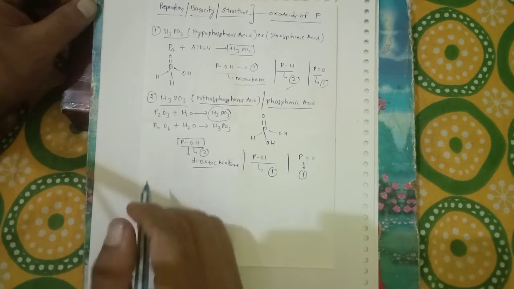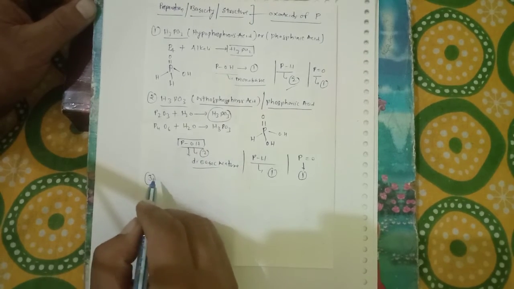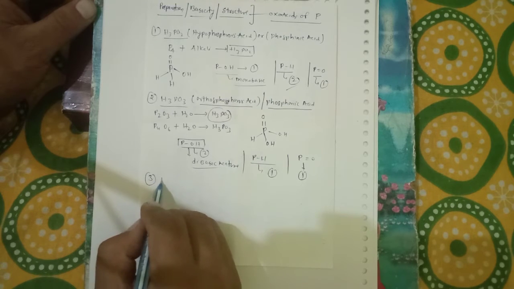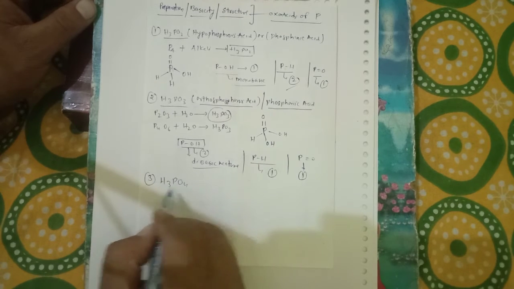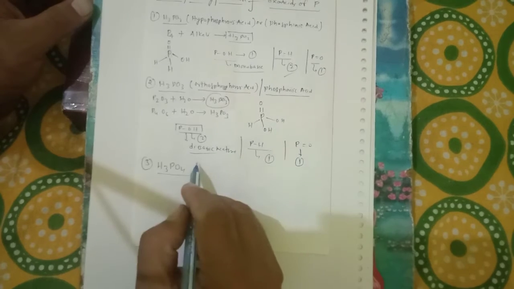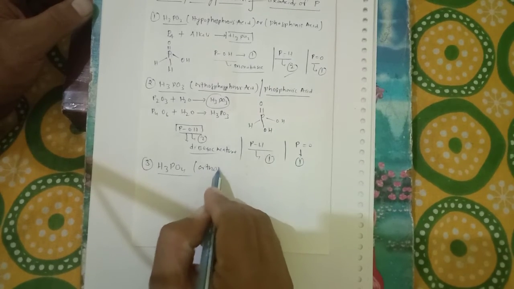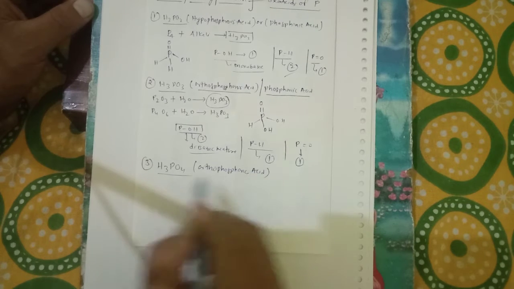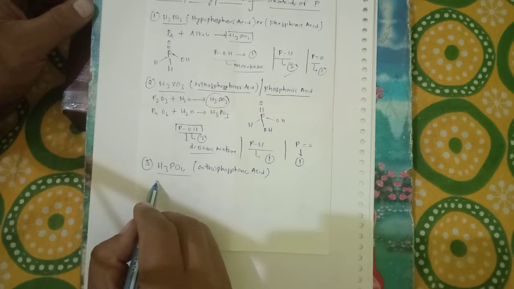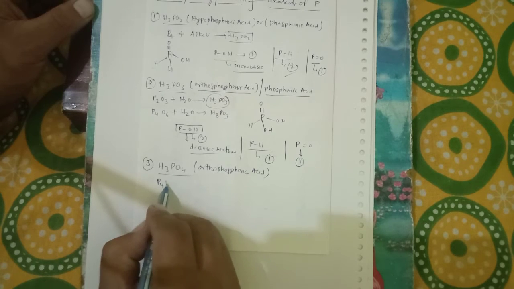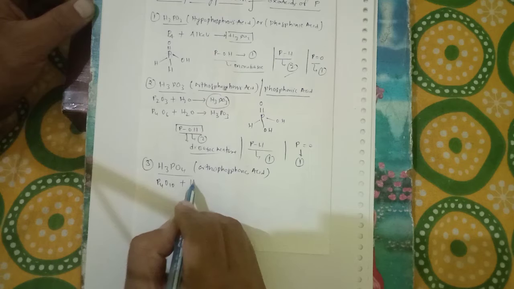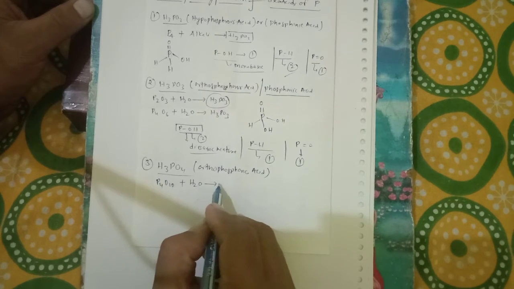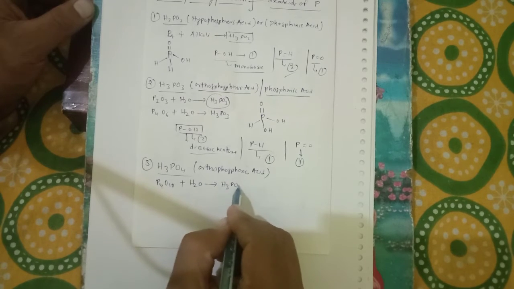Let us see now the third oxoacid of phosphorus, that is H3PO4. It is called orthophosphoric acid. When you talk about the preparation, here a reaction between P4O10 plus water molecule leads to the formation of H3PO4.